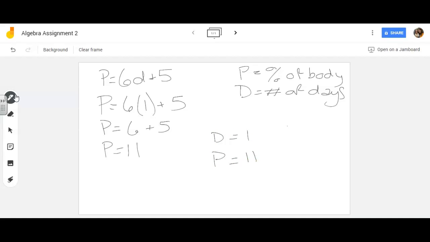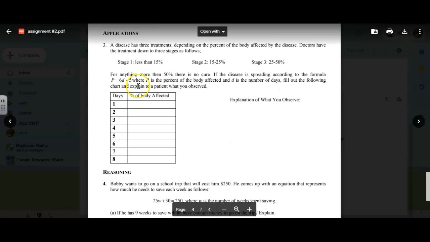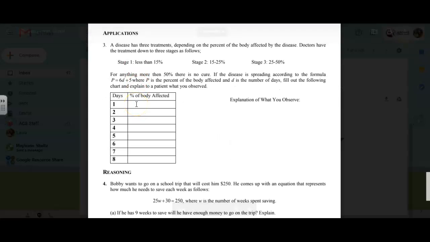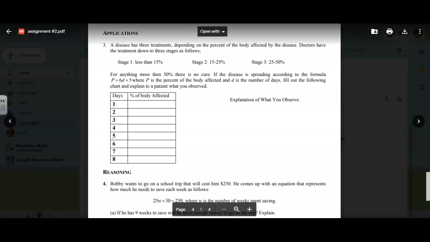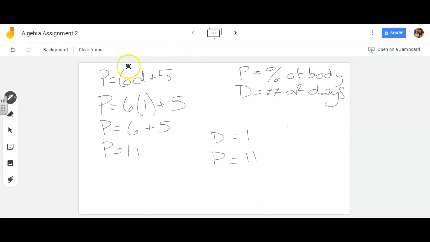So then I would come back to my chart, and it's asking me what percent of the body is affected. 11% of the body is affected on the first day. Okay, now let's look and see if we can figure this out for future days.